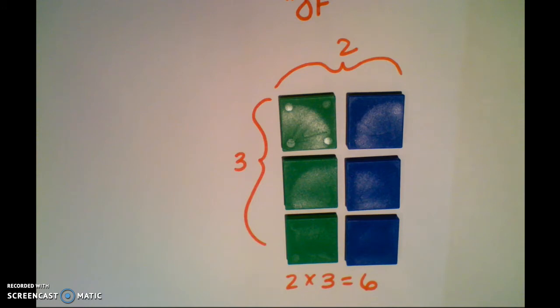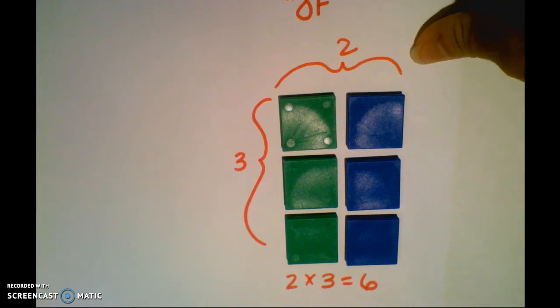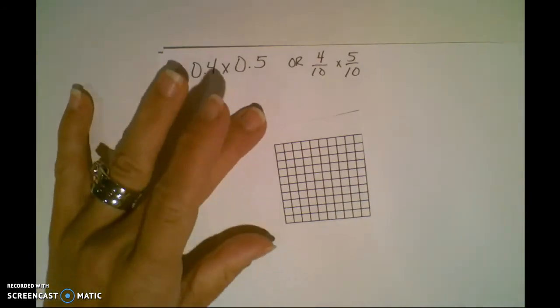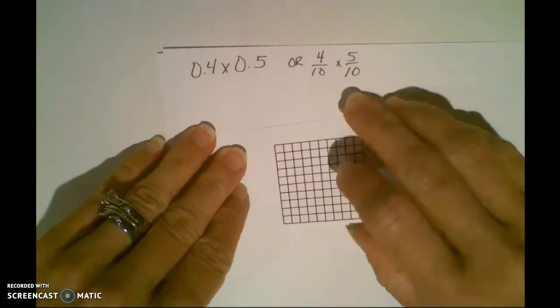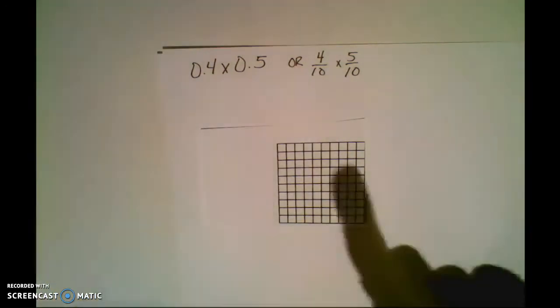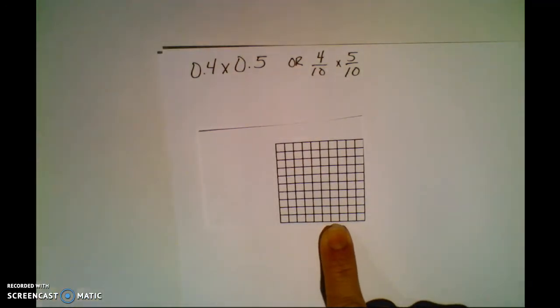Let's take that idea and use it to help us develop an understanding of multiplying with decimals. And we're going to do that using a hundreds grid here. So a 10 by 10 grid, which means I have 100 pieces. Now, this whole 10 by 10 grid is going to represent one whole. So if the whole thing was shaded in, that would represent one whole.